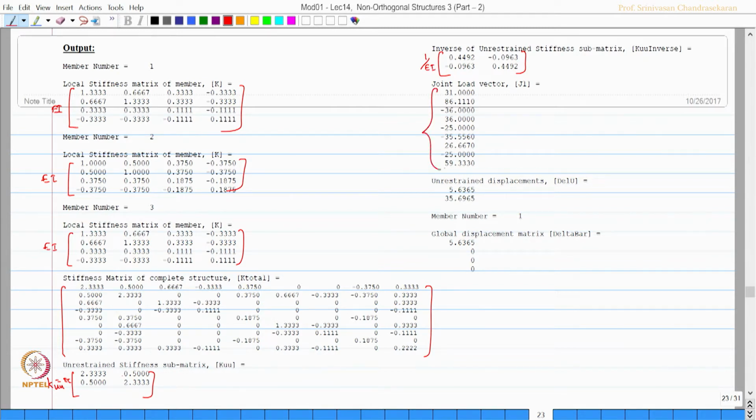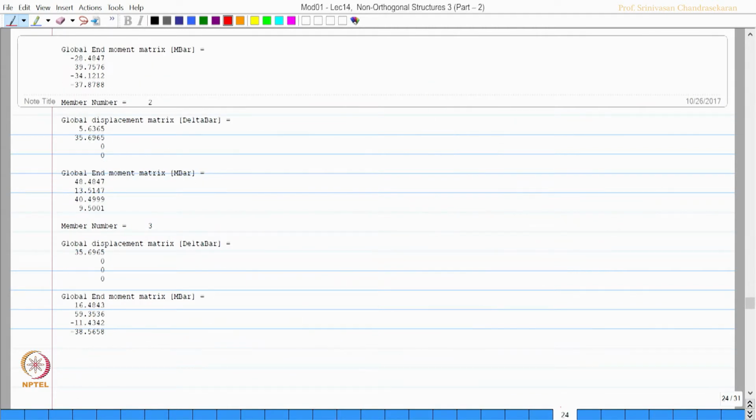This is my joint load vector which we computed. This is my delta U. The delta U value is exactly same what we had. So, there is 1 by E I here. So, these are the results of end moments for first member, second member and third member.